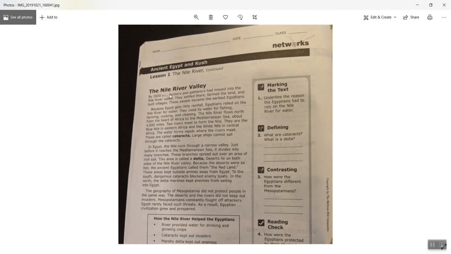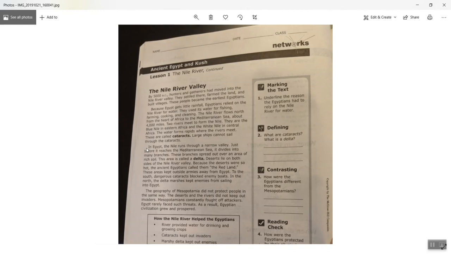If you remember from our activity today, those rapids, I think of rapids like fast, rapidly moving. So for number 1, underline the reason the Egyptians had to rely on the Nile River for water. That's in this paragraph. And what are cataracts? That's also in this paragraph.